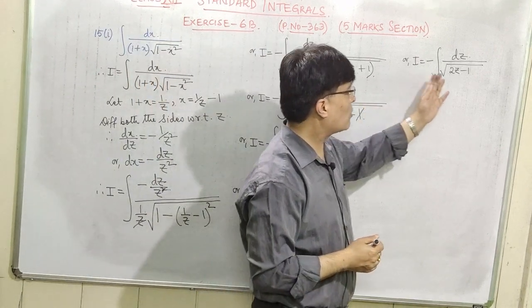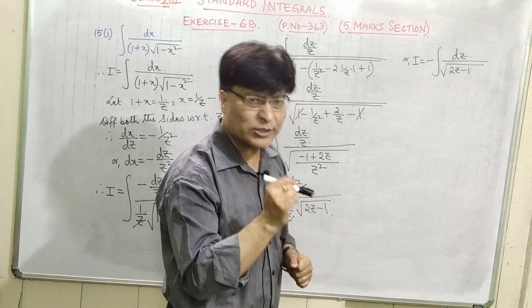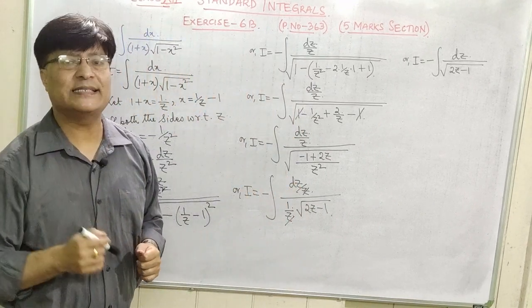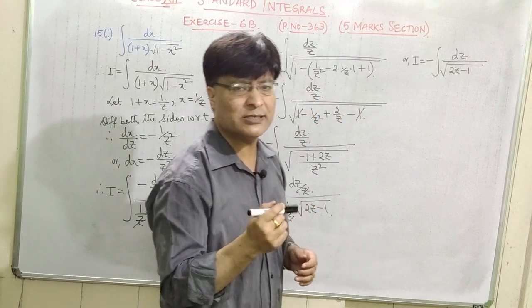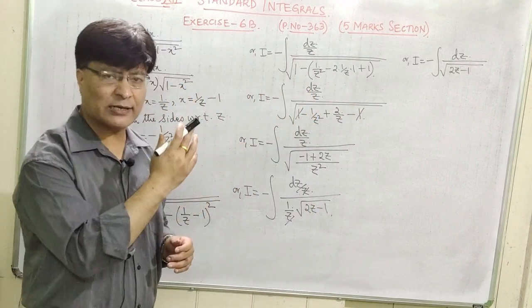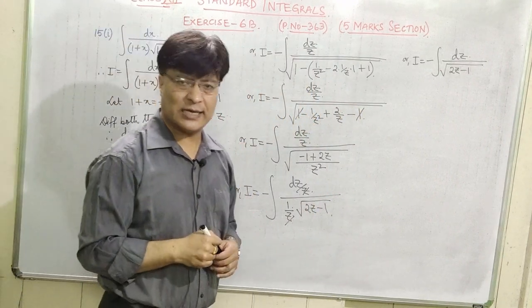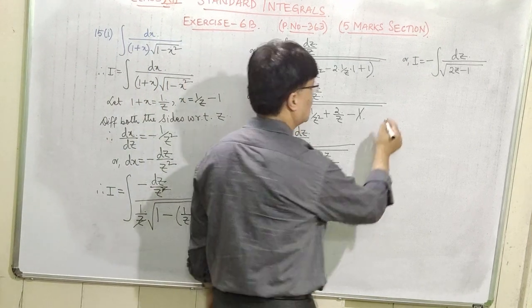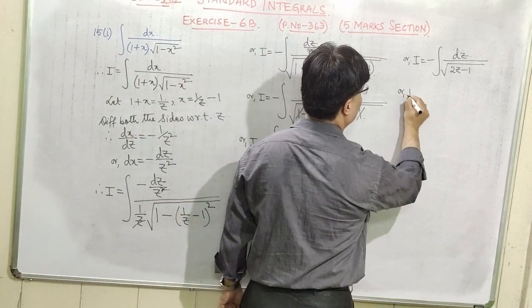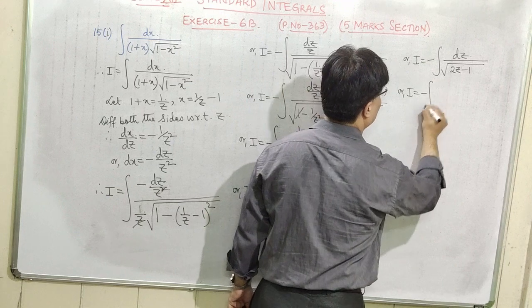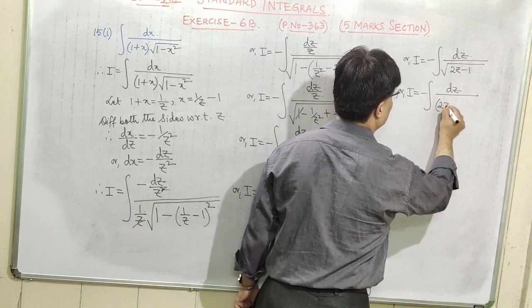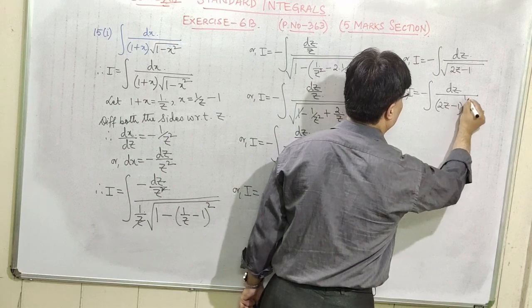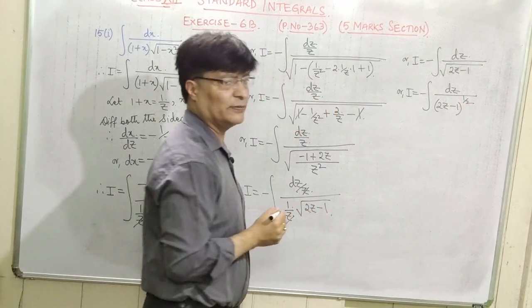Since here the power of z is 1, this 2z minus 1 can be taken as z. So it is root over z. Root over z means z to the power half. Then it is taken to the numerator to make it z to the power minus half. So now it can be written as I is equal to minus integral dz divided by 2z minus 1 whole to the power half.